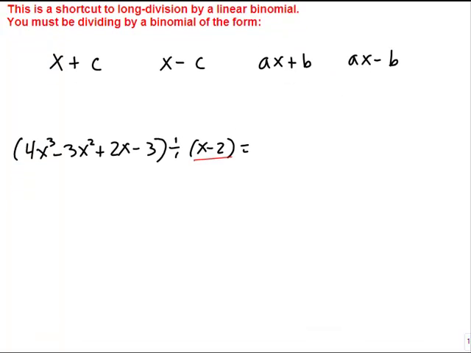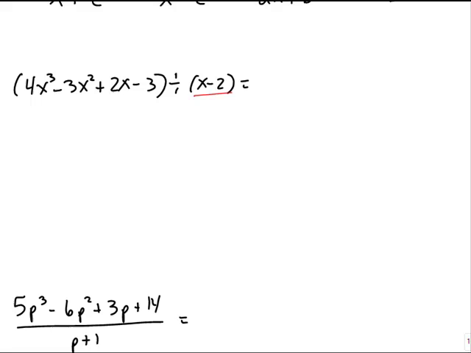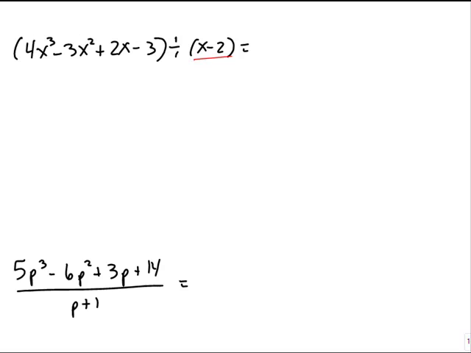The reason it's a shortcut to long division is it enables you to ignore the variables and just keep track of the coefficients and the actual calculations that you need to use. So what we're going to do in this first example is take the coefficients only of the original polynomial. So here I have 4, then I have a coefficient of -3, coefficient of 2, and a coefficient of -3.